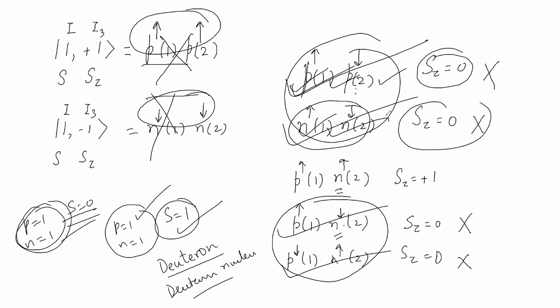There are other experimental reasons to support the spin dependent nature of nuclear forces, but this is the most basic argument from which you can conclude that nuclear forces are spin dependent.